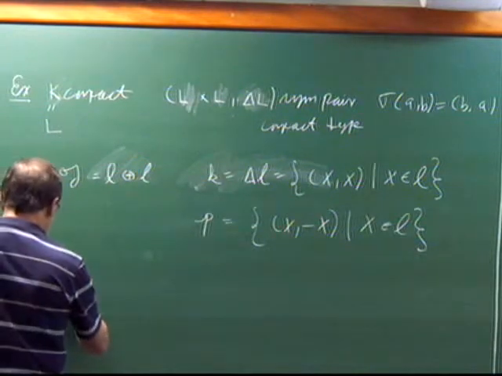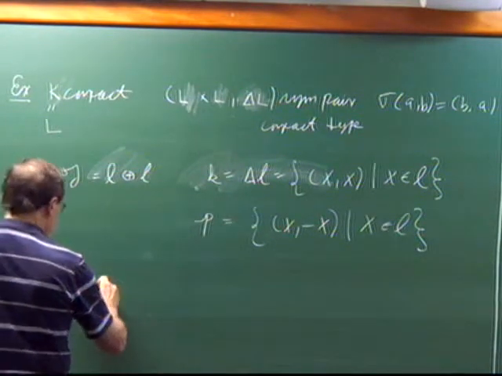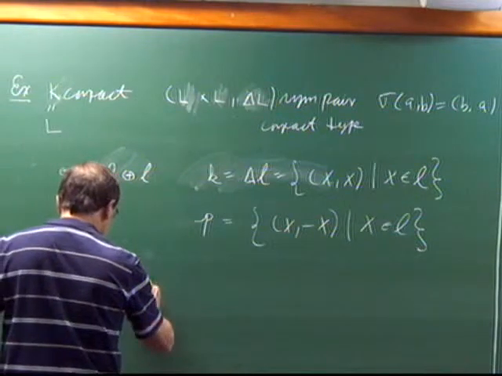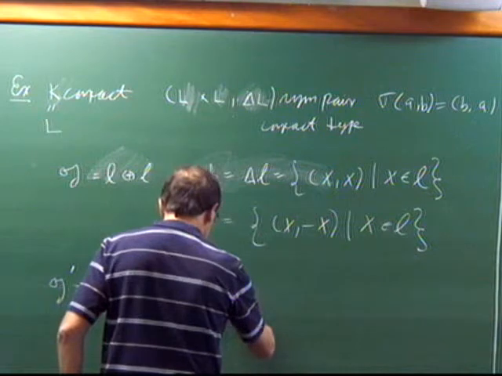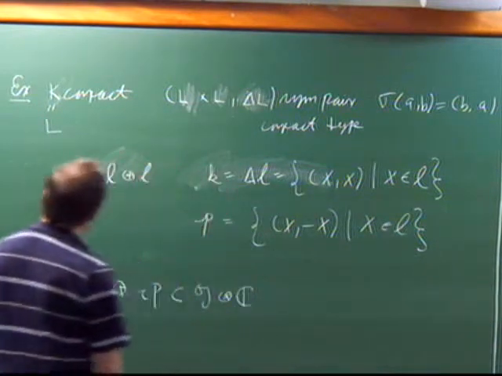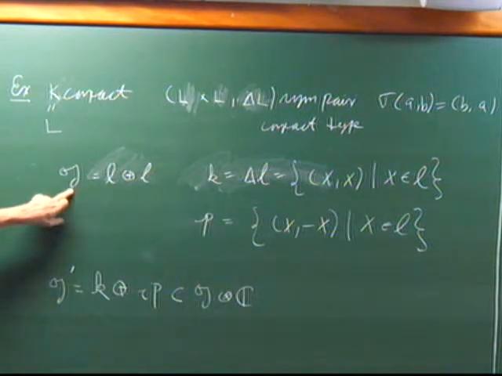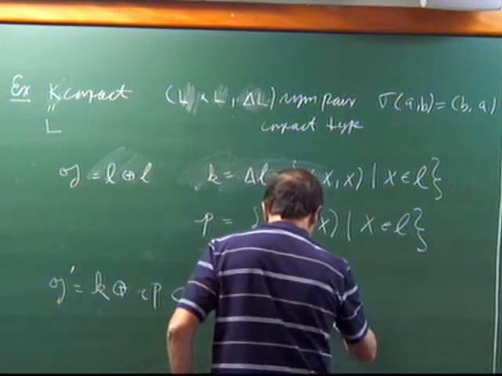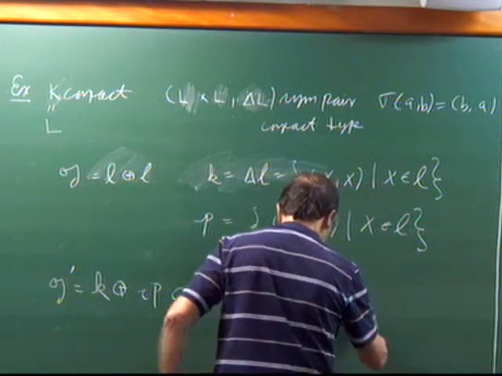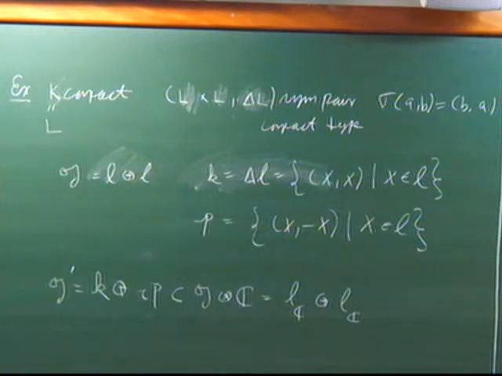And now we're supposed to take G prime is K plus IP inside G tensor C. Well, what is G tensor C? G is the direct sum of two things, so it's L tensor C. So let's call it LC, direct sum LC. So this sits inside LC plus LC.